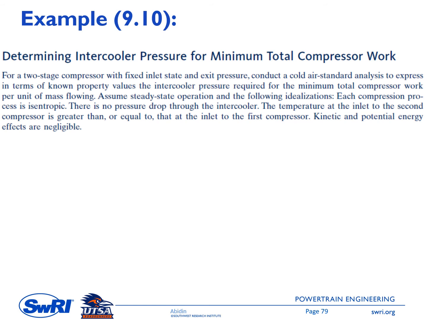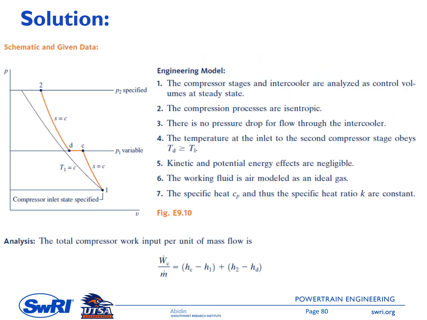Let's see the solution of this example. On the left side is the schematic of the PV diagram. So the entrance to the first stage compressor is 0.1 here. And then Pi is a variable that we need to determine here.